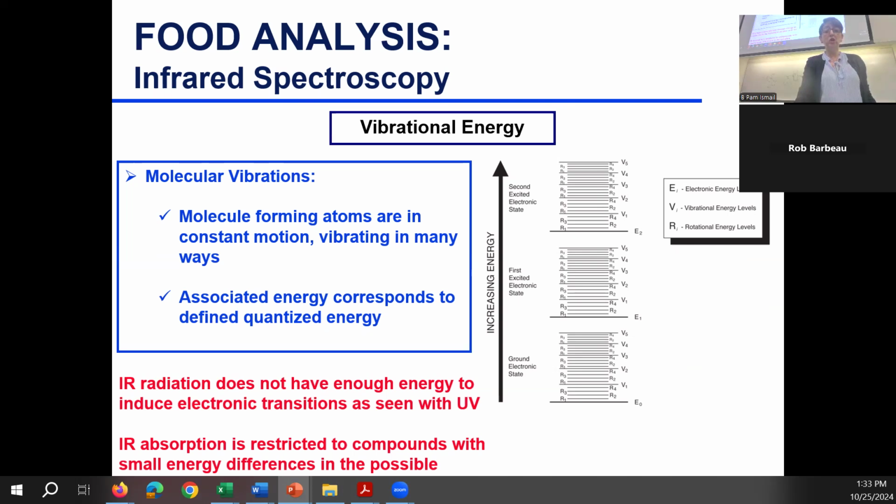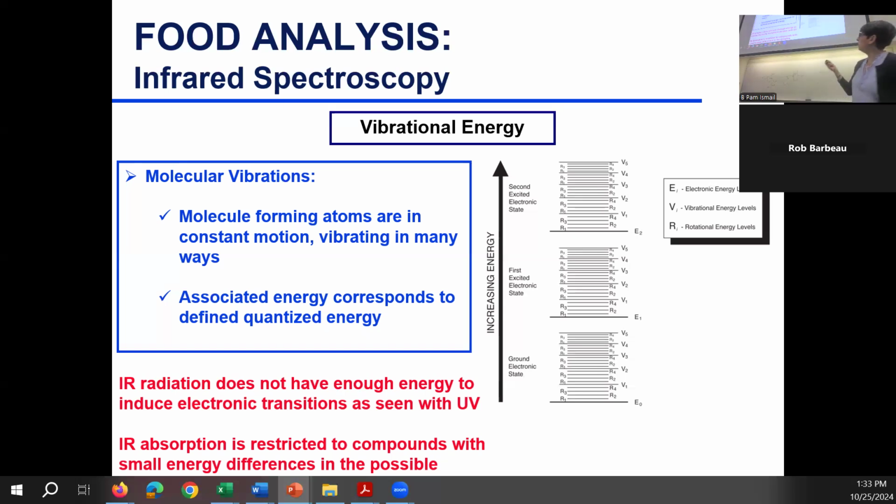So do we have vibrational energy when it's only an atom, like what you did in AA? No, it's only electronic. In a molecule, what do you have? You have electronic, you have vibrational, you have rotational. But in the IR region, you don't have electronic energy. You have only vibrational energy.